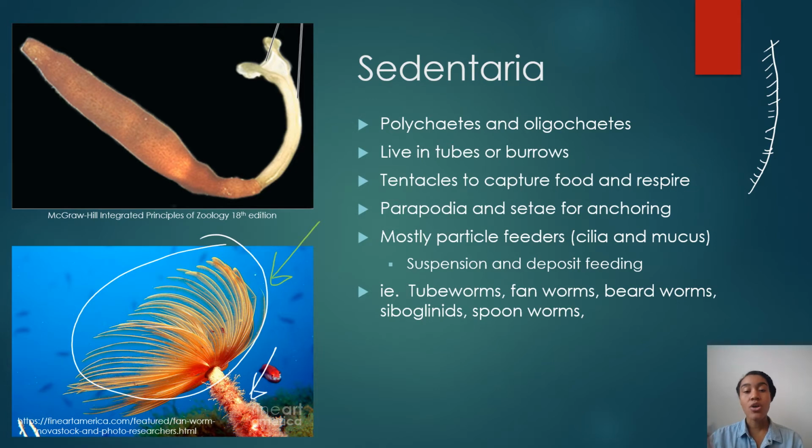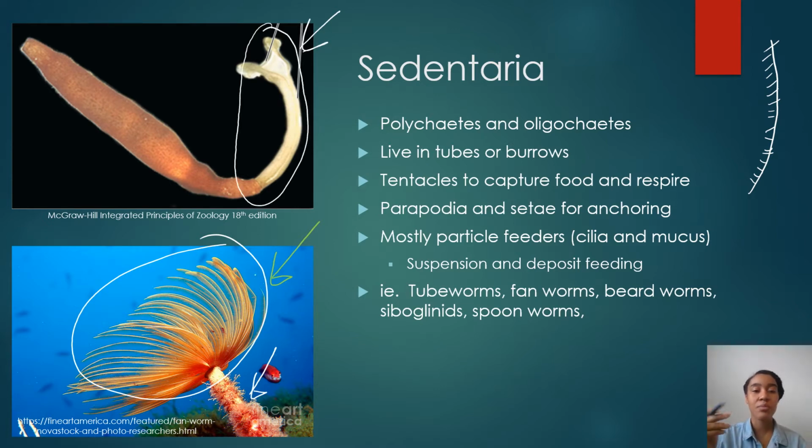And some examples are tube worms. In the first slide, I showed you a picture of those deep sea tube worms. That's one example. Also this fan worm here, beard worms, then spoon worms, which this is a spoon worm, and they're called that because they have a spoon-like projection at the end of their tentacle they use for feeding.